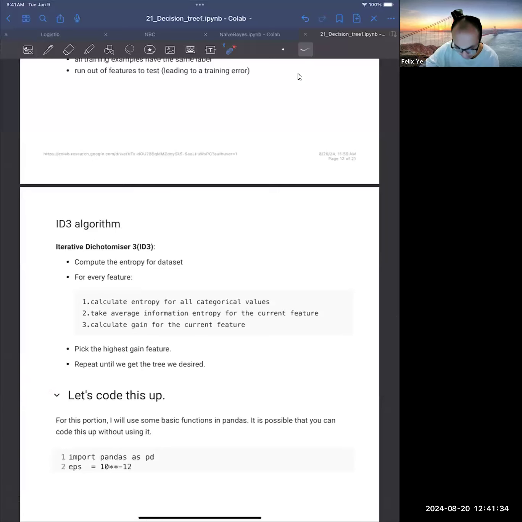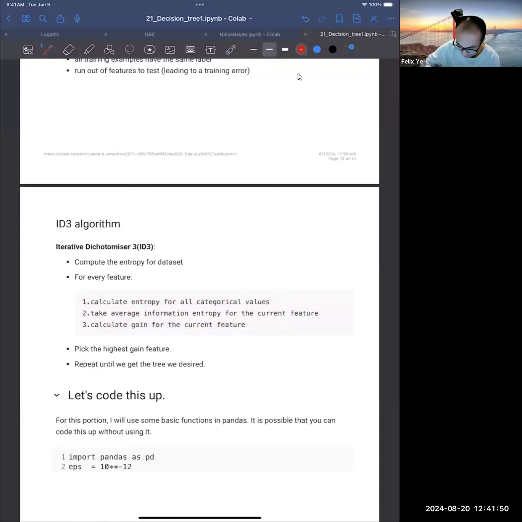So basically, we first compute the entropy of the data set, and for each feature, we calculate the entropy for all categorical values. And we calculate the average entropy for the current feature.